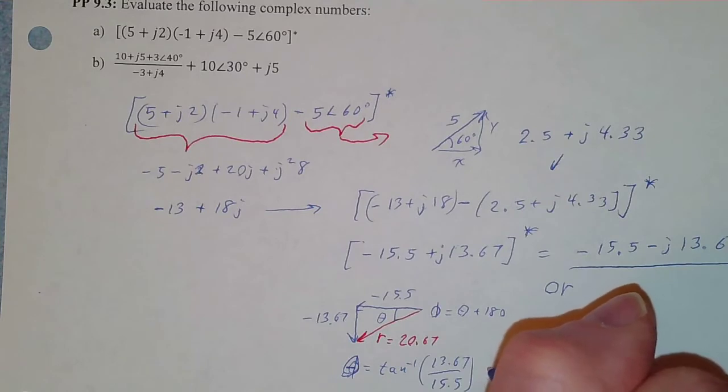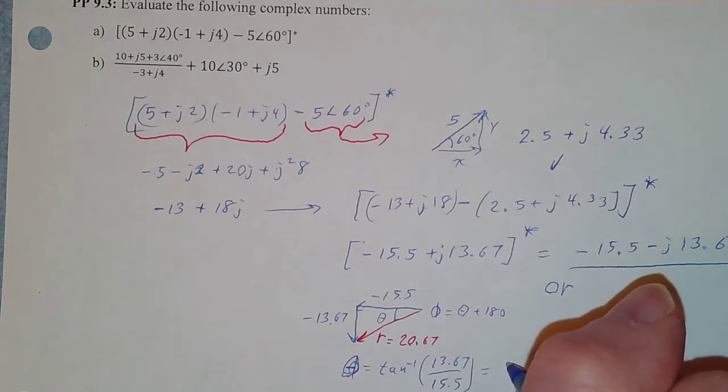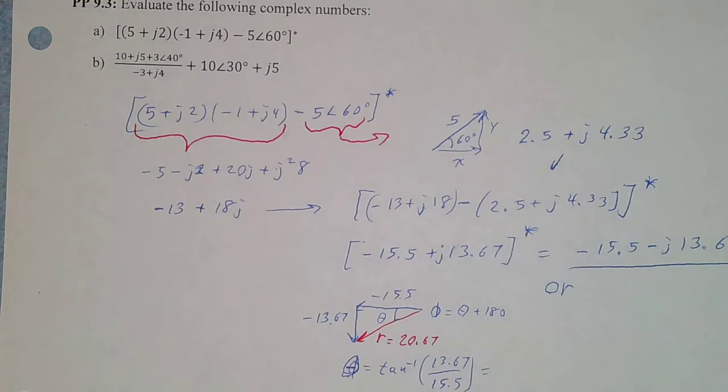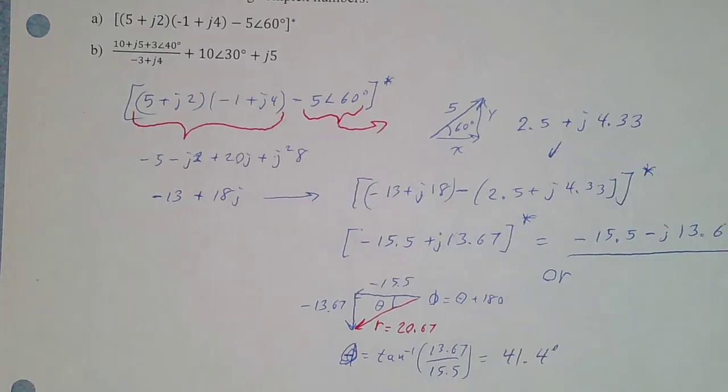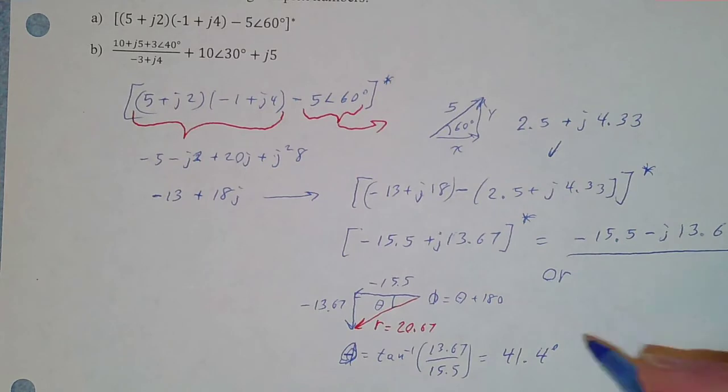What does this equal? Oh, you know what? I didn't actually calculate that number. I just added it to the 180. Inverse tangent of 13.67 divided by 15.5 gives you 41.4 degrees.